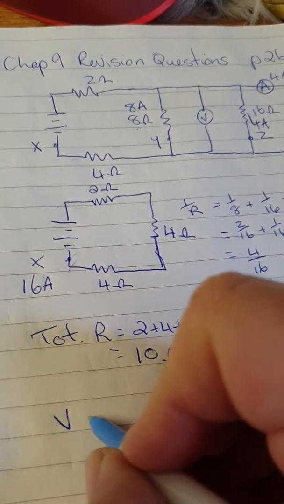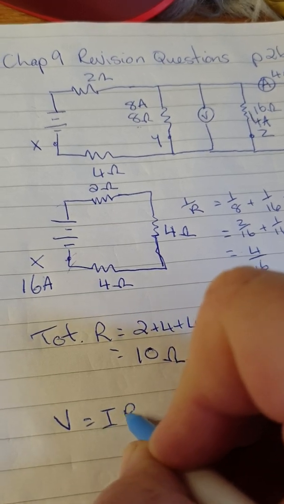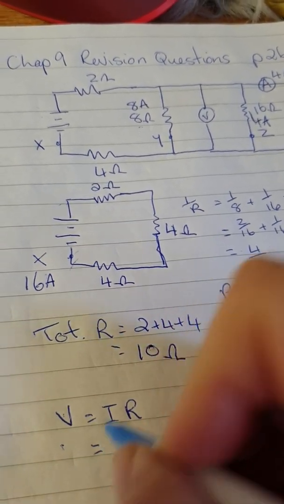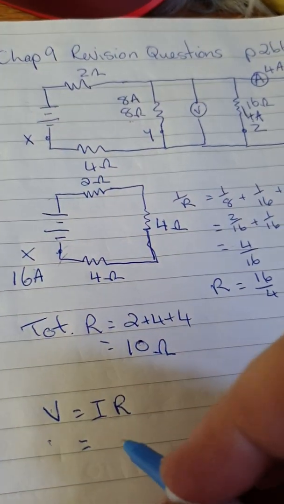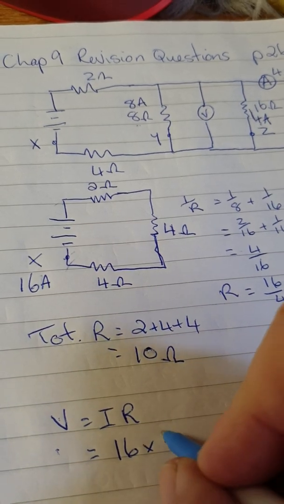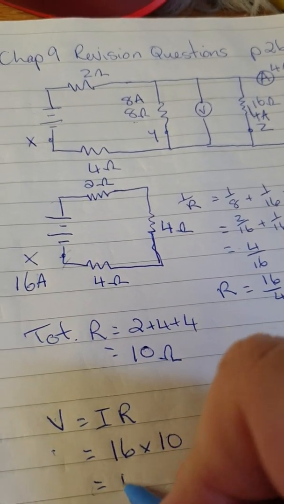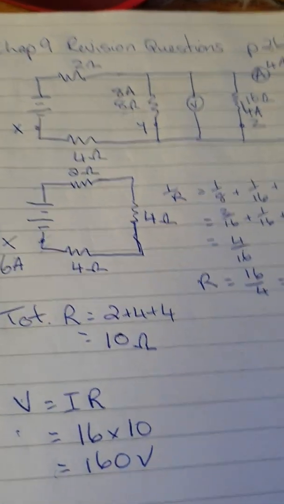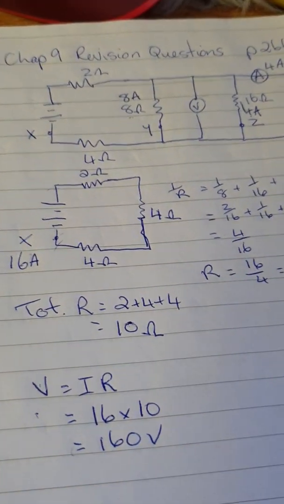So V equals IR. We actually want V this time, don't we? Because we want the voltage in the battery. The total current was 16 and the total resistance is 10. So it's 160 volts. Seems a lot for a battery. Must be a pretty good one.